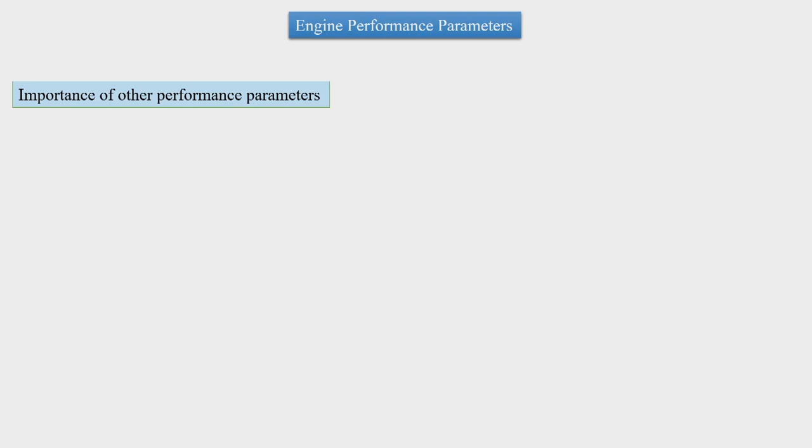However, we should note here that the thermal efficiency of the gas turbine power plant alone should not be thought of as the best performance parameter. We have seen that there is thermal efficiency of the engine, which was W net upon Q in, and this should not be thought of as the best performance parameter for the engine, since there are various requirements for designing a given aircraft engine.